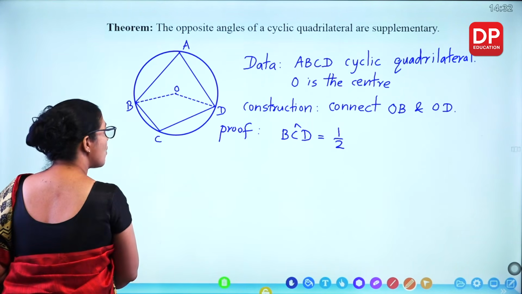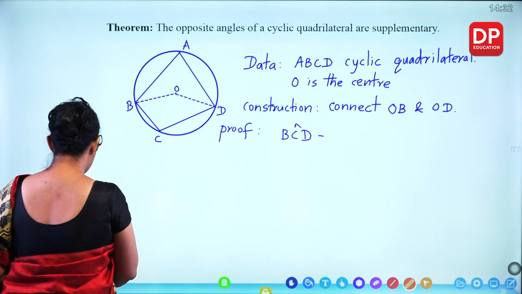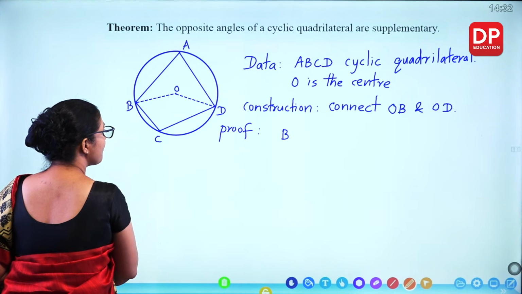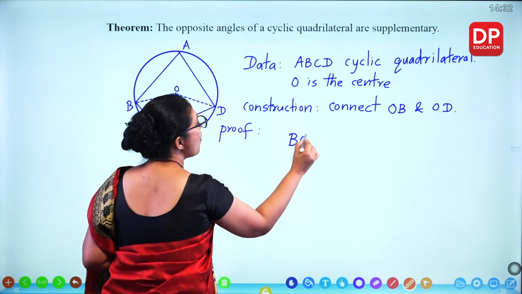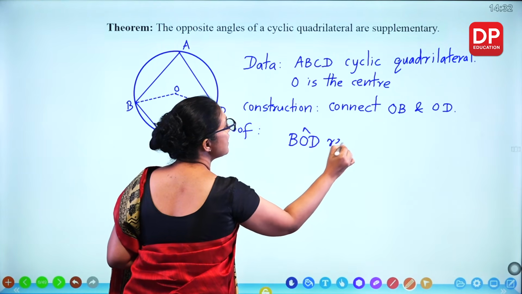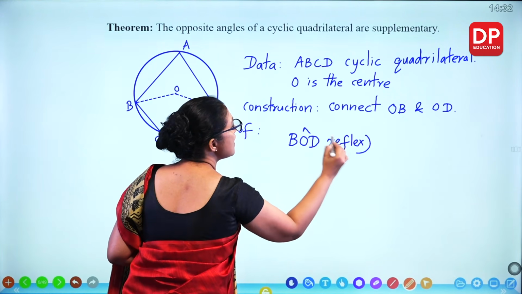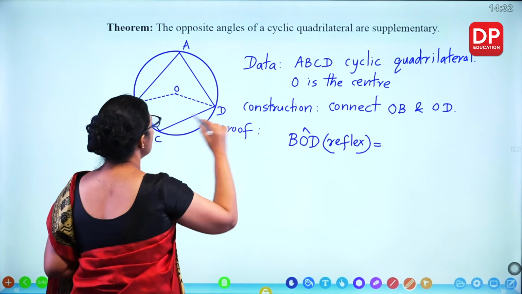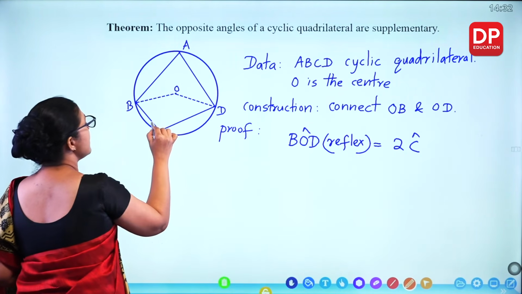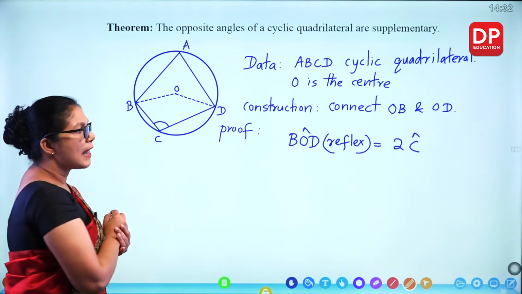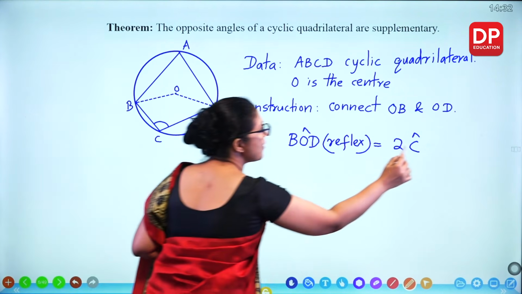If you want to write down other way around, we can write down BOD reflex angle is equal to double of C angle. I'll take this one as C. Double of C angle. That's 1.